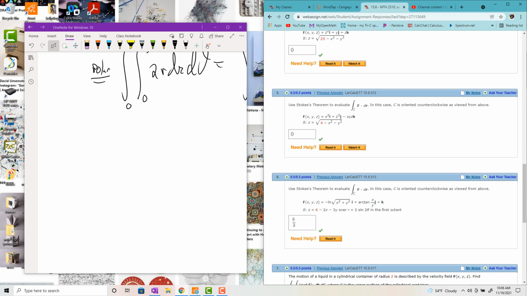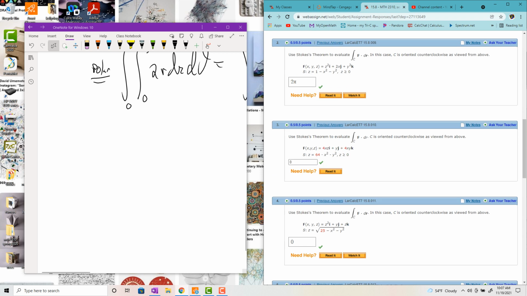Number 7's annoying because you have to remind yourselves how to graph polar coordinates. Maybe that was number 6. Well, I'll do more than one. Let's try number 3. I'm going to do the one that I thought I was going to do in the first one.